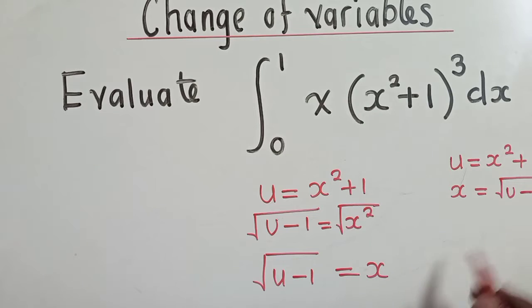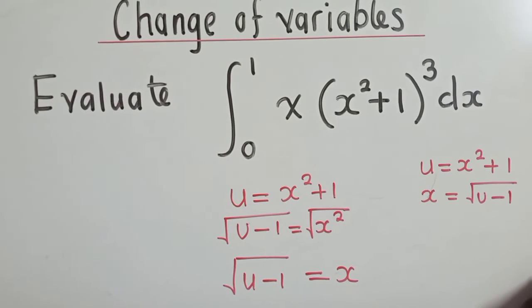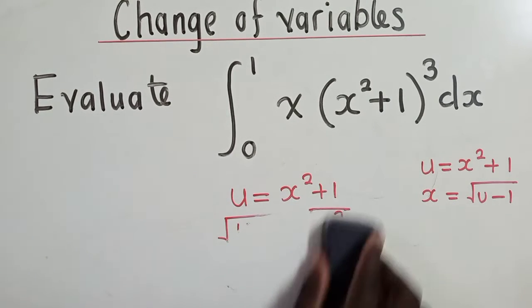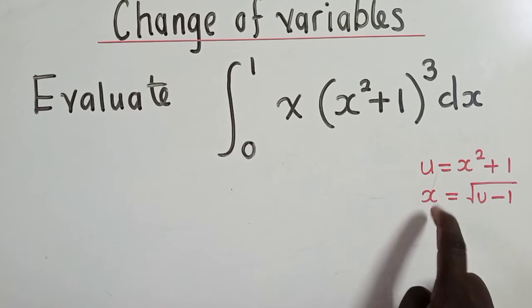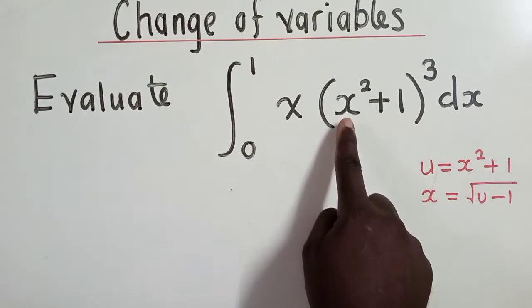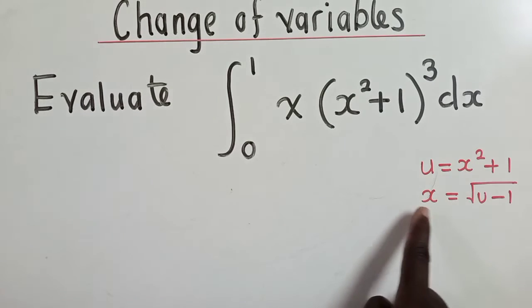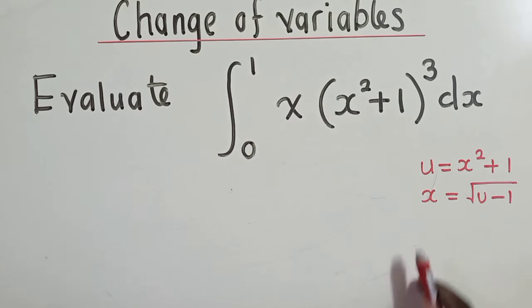This is what we have. We're going to keep this data. It's very important right here. So let's erase here. We've done two steps here. First step is to identify our u from here. The next step is to make x subject of the formula.